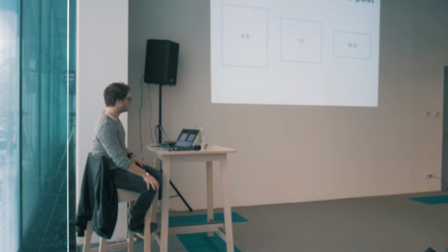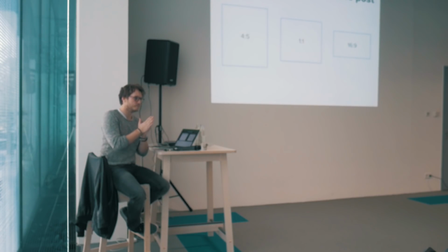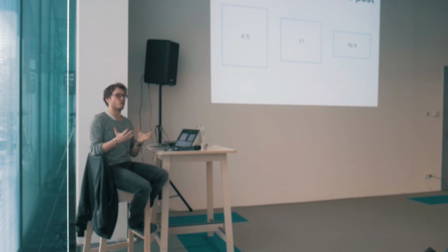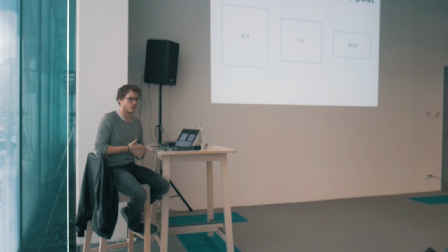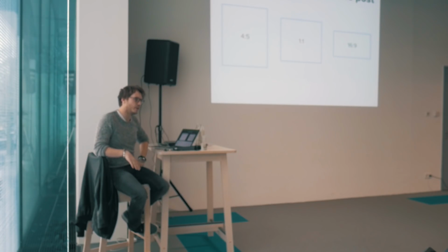Right. So now you've got your picture, with the best resolution possible. Oh, by the way, lots of people ask me this: sometimes they put up pictures on Instagram and then they're kind of blurred, like they're not sharp anymore. And why is it? It's because, like I just said, the maximum width is 1080 pixels.